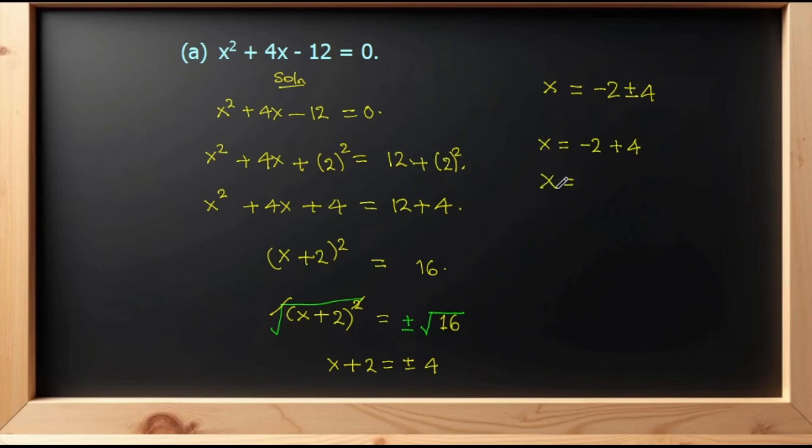This one goes to positive 2, or x equals negative 2 and we take the lower sign that is negative, also 4, and then if you simplify that, you get negative 6. So these are the solutions for the first part of this equation.